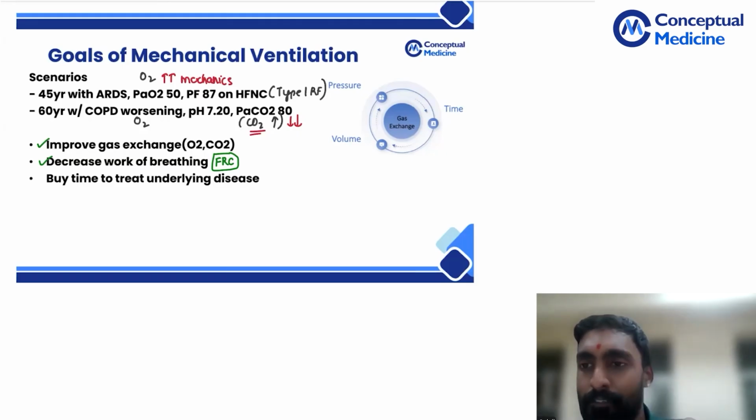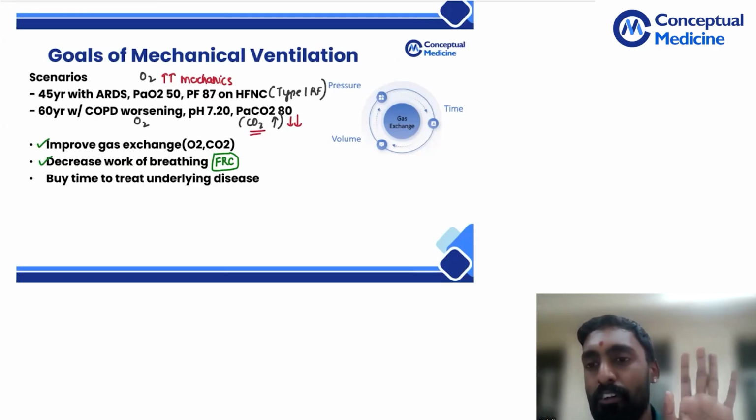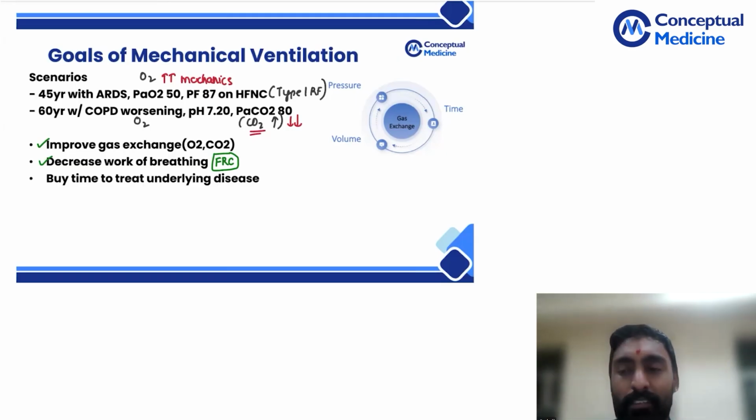That is what is called FRC. So FRC is extremely crucial. With any modality of treatment, you want to improve the FRC. Once the FRC improves, your gas exchange also will improve, so thereby your work of breathing also will improve. Then it is also going to give us some time to treat the underlying lung disease.